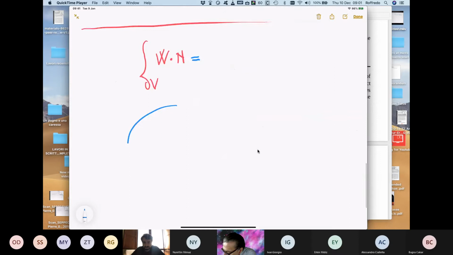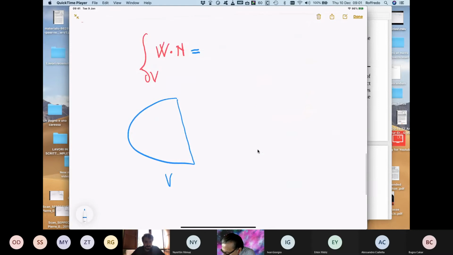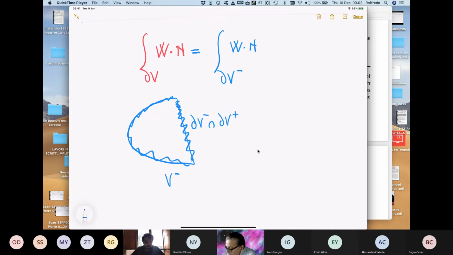So even if I cannot draw exactly the same, this is V minus, and we can write the integral over the boundary of V minus of W dot N. Of course, a part of this integral is on the boundary of V, and another part is on the boundary of V minus intersection boundary of V plus.